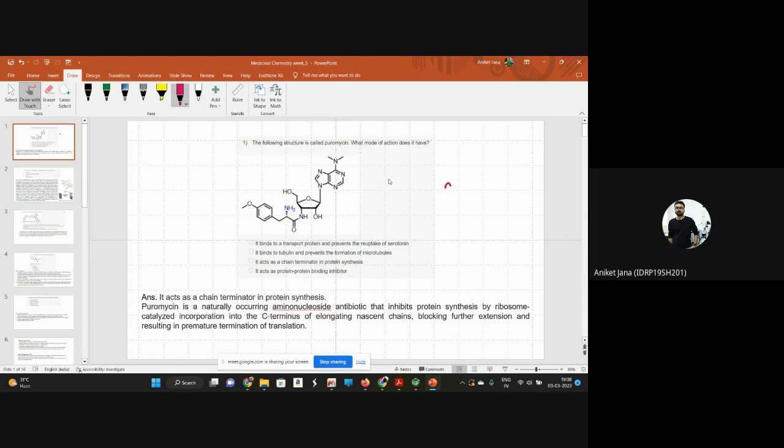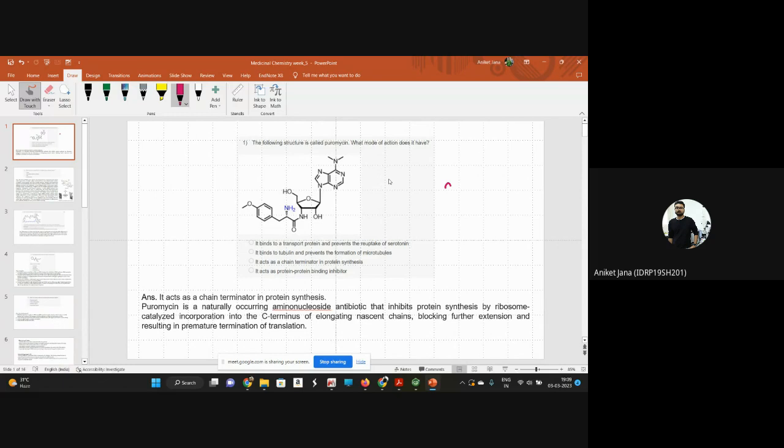Anybody else? Okay, replication is not DNA to RNA. Replication is the process by which a double-stranded DNA molecule is copied to produce two identical DNA molecules. Means from one DNA, two identical DNA are formed.